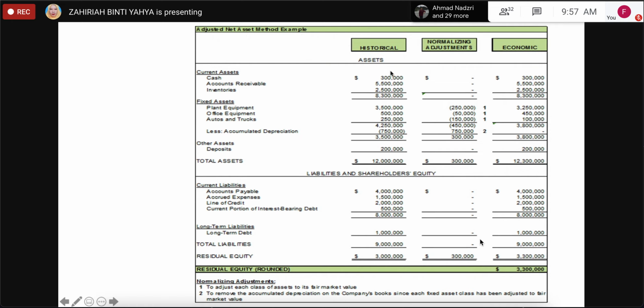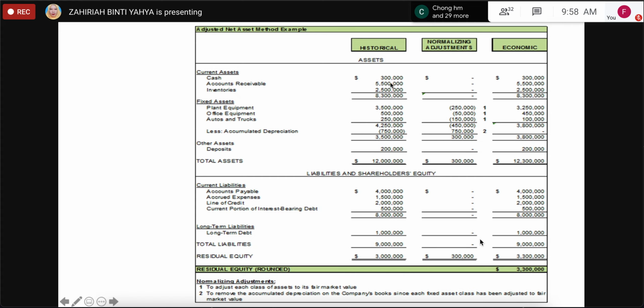So here is the historical asset value. Asset bukan value lah, price apa. So like this one, cash historical 300,000. So economic dia pun 300,000 ya, tak ada perubahan lah kalau cash ya.